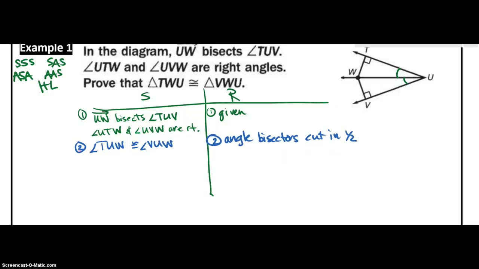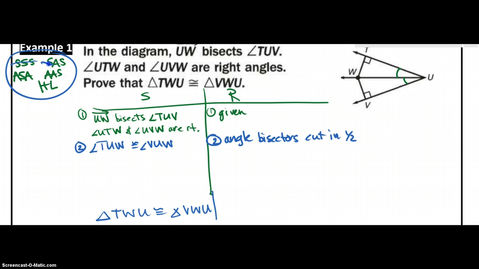Okay, we want to prove triangle TWU congruent to triangle VWU by one of these methods. Right now, we only have 2 angles. So looking at our options, we're not going to use side, side, side.